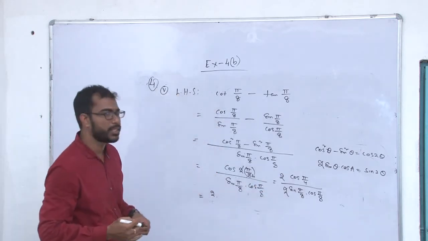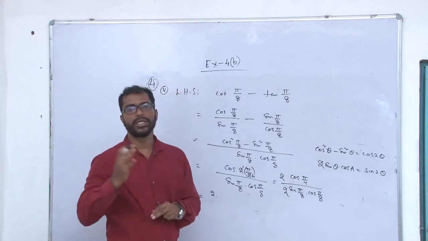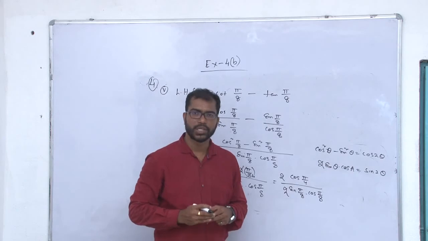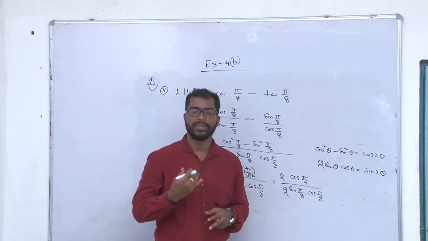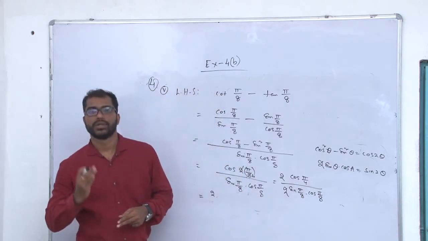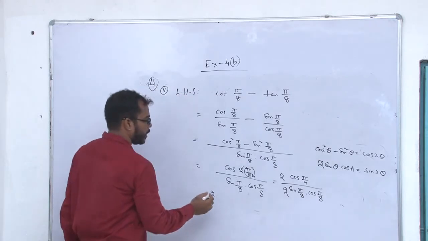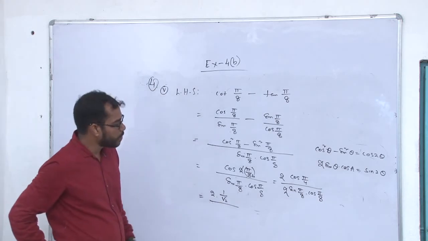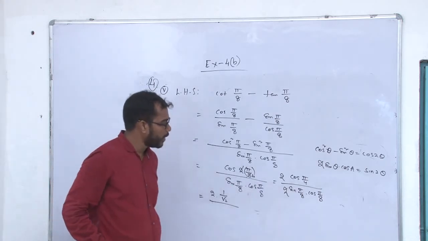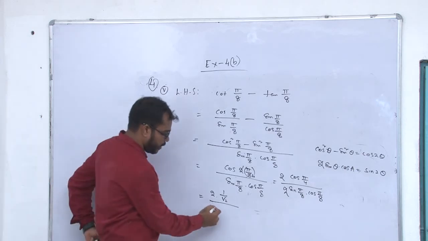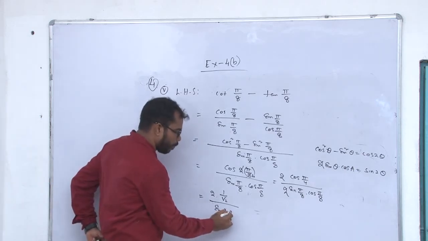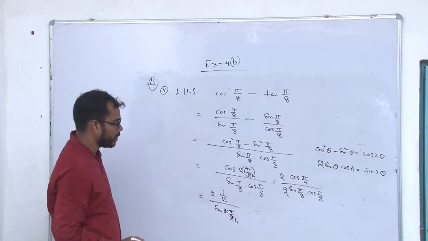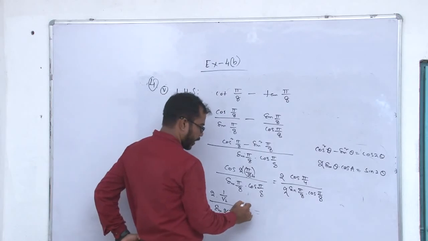Pi by 4 is in radian form. If we convert it to degrees, that is 45 degree. So cos pi by 4 means cos 45 degree, and the value of cos 45 degree is 1 by root 2. So we can write 2 into 1 by root 2 by, using the formula 2 sin A cos A that is sin 2A, sin 2 into pi by 8, which gives sin pi by 4.